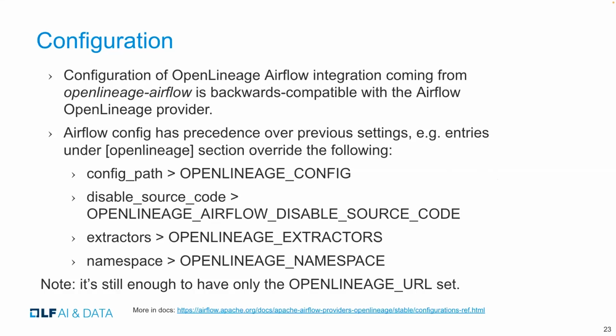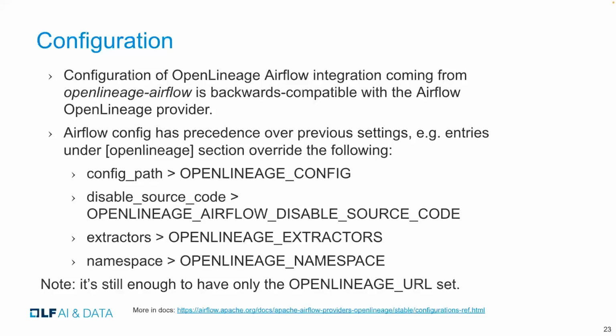It still works. But we also added some entries in the OpenLineage section, which take precedence over what's been previously handled by environment variables. So here are some examples. It's pretty straightforward. The logic for config takes precedence over OpenLineage URL.